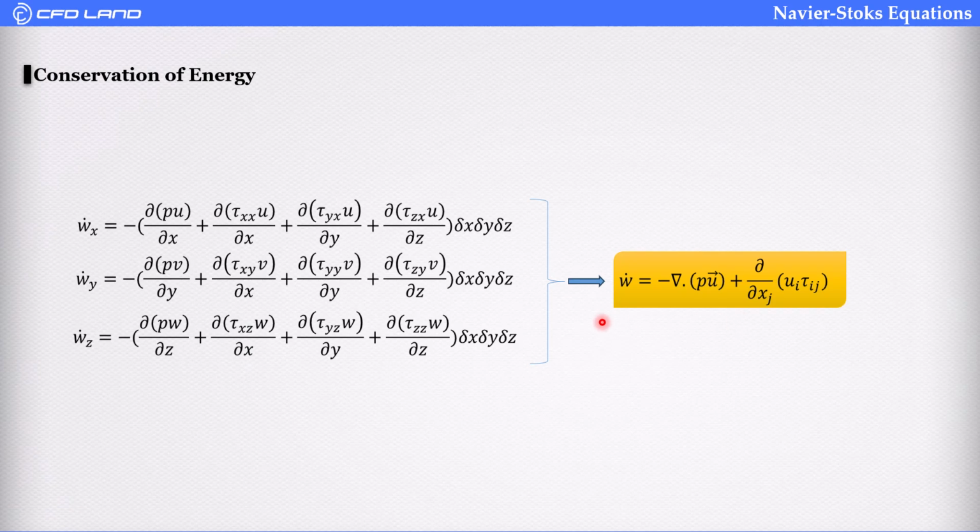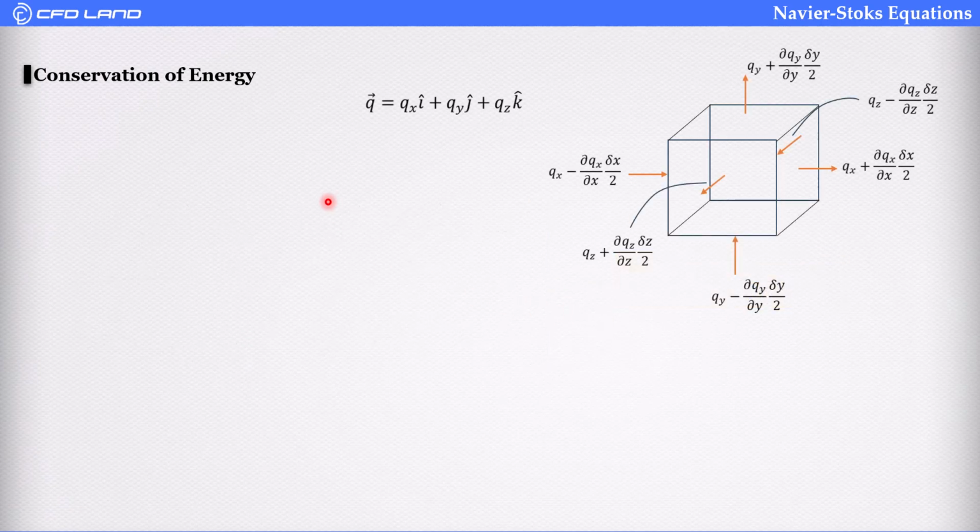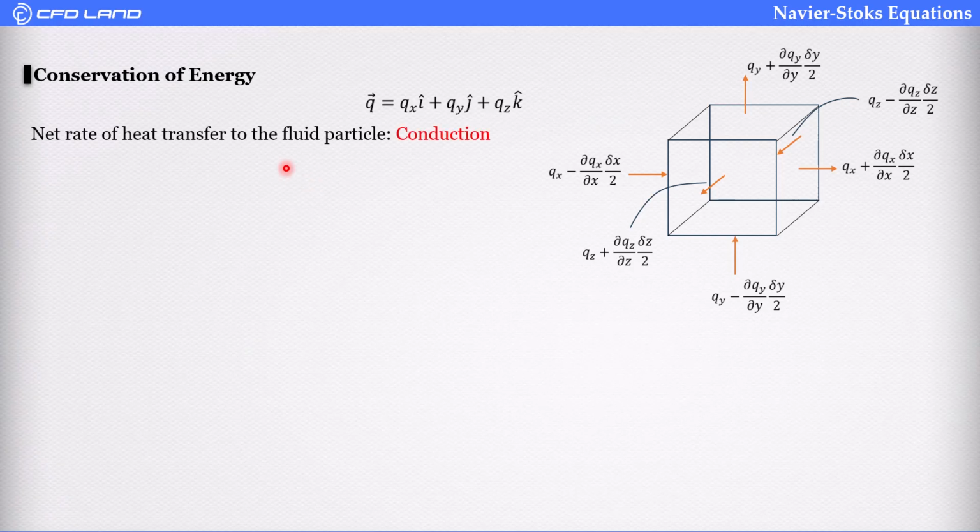Now, let's look at the heat transfer term. This heat transfer is conduction. Remember, on the left-hand side of the equation, we had convection. On the right-hand side, we have conduction.